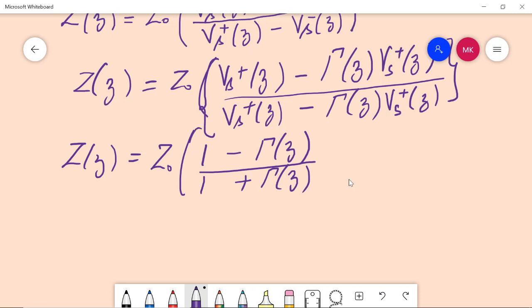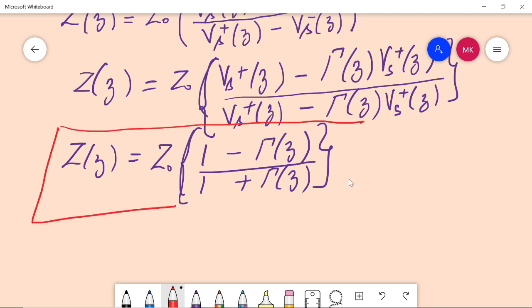So this is the line impedance in terms of Z naught and the reflection coefficient. This is a very important term because if you know the reflection coefficient and Z naught is given for any transmission line, you can find the line impedance at a point. Or if you know Zz, the line impedance, you can find the reflection coefficient.